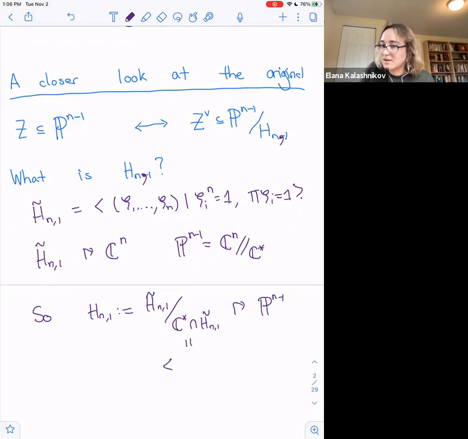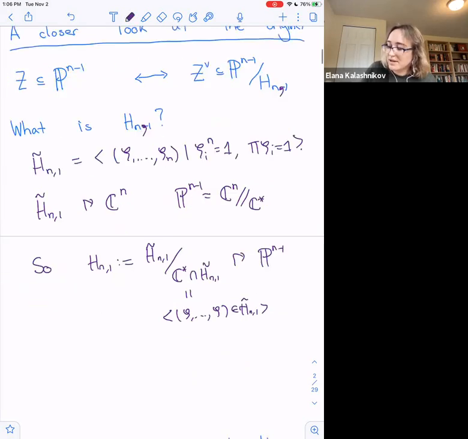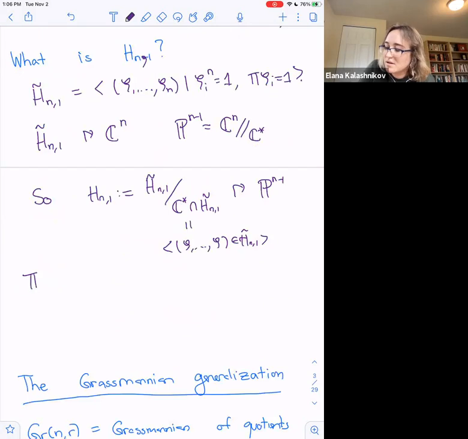And this here is just the diagonal elements, so all the entries are the same. So that's the finite group that appears in the original example of mirror symmetry here. One thing I want to point out is that this is an SL action, just meaning that H tilde_{n,1} acts through SL on C^n. The determinants of the actions are 1.